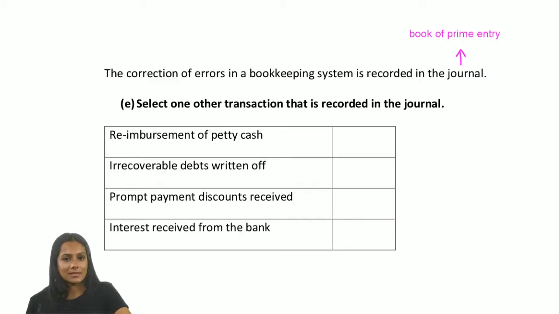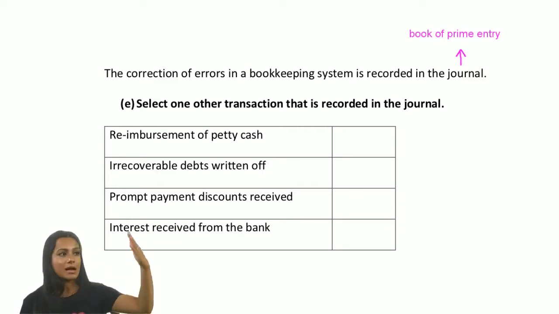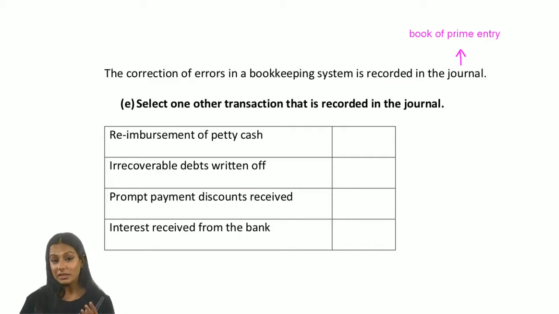In your AAT studies, you would have learnt the formats of the main books of prime entry, how they are analysed in different columns, and you will identify the net figures, VAT amounts, the gross figures. The amounts that you analyse in each book of prime entry are essential because these amounts are going to be summarised and then transferred into the general ledger using double entry bookkeeping.